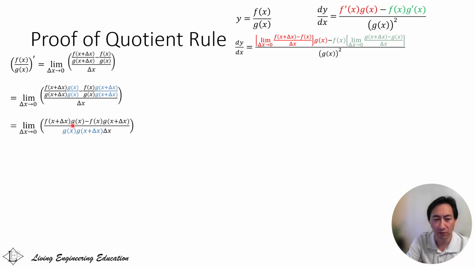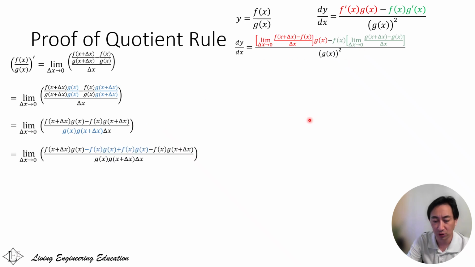But I have two terms, 1, 2. I know when I expand into these two halves of the fraction and the limits, I'm going to need 4 terms essentially. That's kind of what we did for the product rule. So let's see what we can add or subtract in the numerator to help me get something that looks more like this final version here. So I'm going to add and subtract f(x) g(x), right?